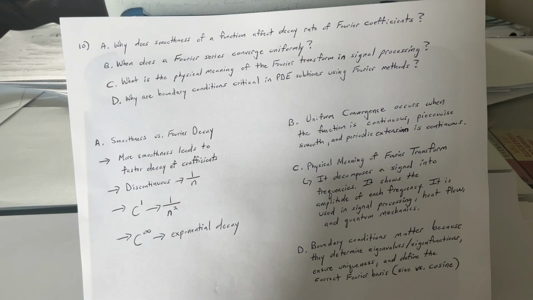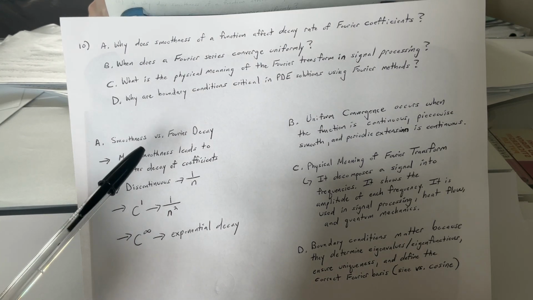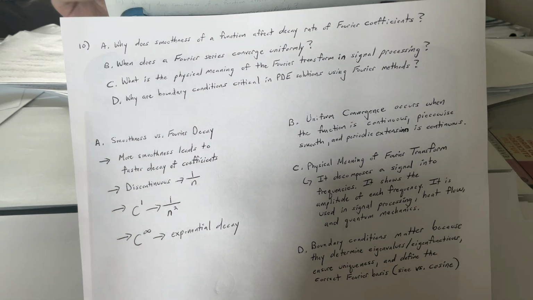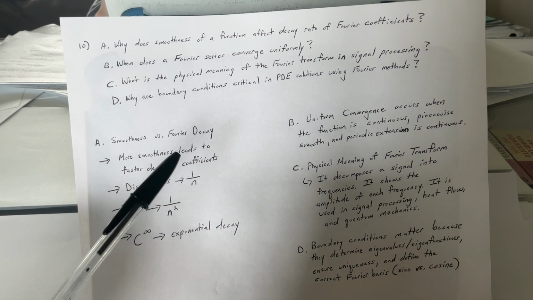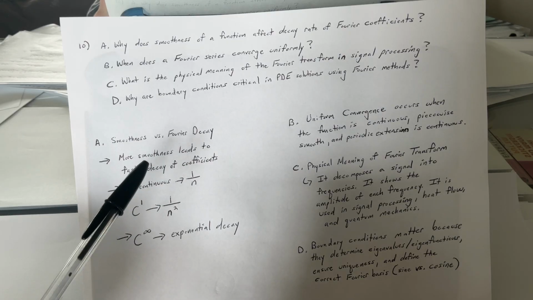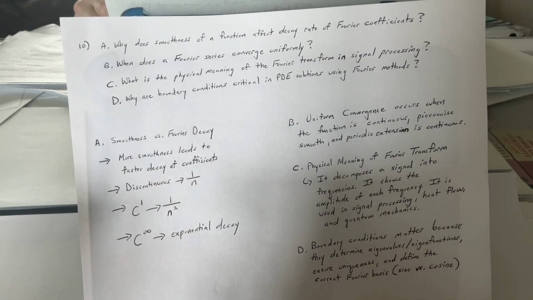Okay, so 10 has 4 parts to it. So letter A, why does smoothness of a function affect decay rate of Fourier coefficients? So the reason for this, if we think about smoothness versus Fourier decay, the more smoothness something has, it leads to the faster decay of the coefficients.